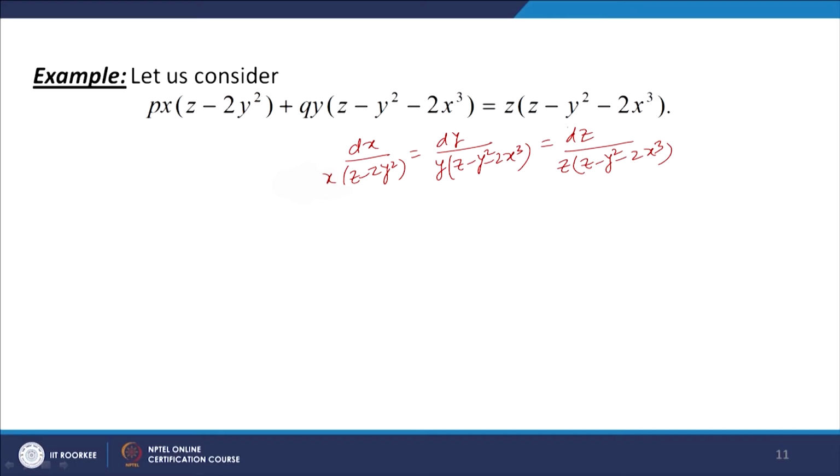If we take first this relation, then we will be easily able to get the first solution. So, dy over y times (z minus y square minus 2x cube) equal to dz by z into (z minus y square minus 2x cube).